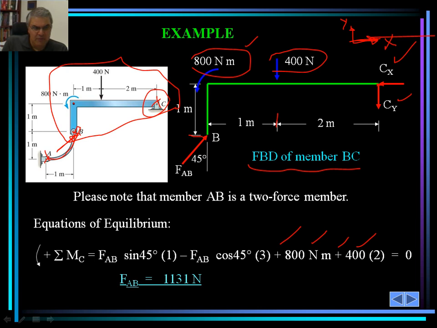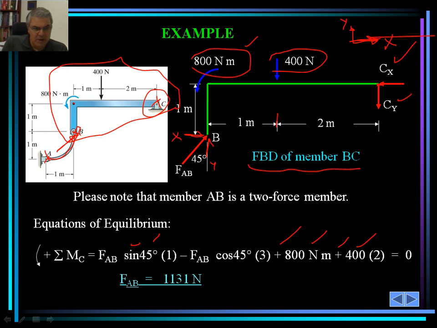And there are two components of F sub AB, and both of them cause rotation, producing moment about point C. One is the X component of F sub AB, and the other one is the Y component. The moment arm for one of them is 1 meter, for the other one is 3 meters, and that's how it is being shown here.